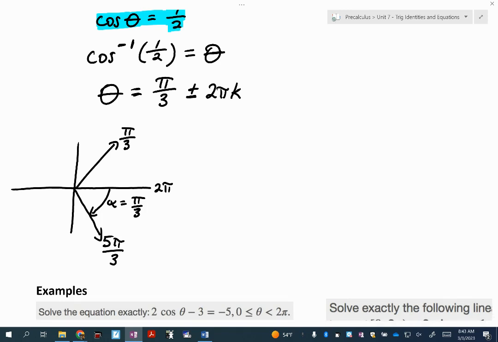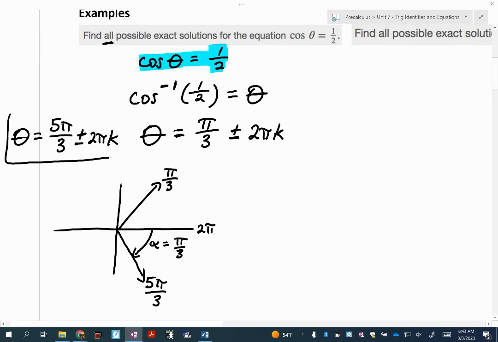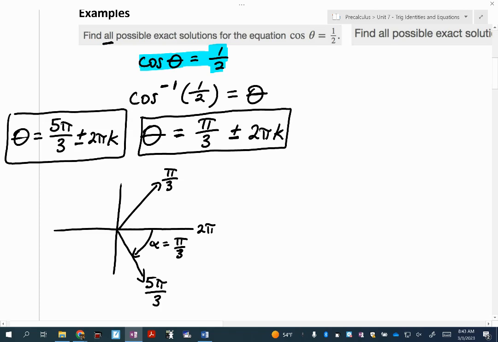If you want k to be 2, you're going around twice. The other answer would also be 5 pi over 3 plus or minus 2 pi k. Both of these are solutions, and because it wants all of the possible solutions, we have to throw in that plus or minus 2 pi k.